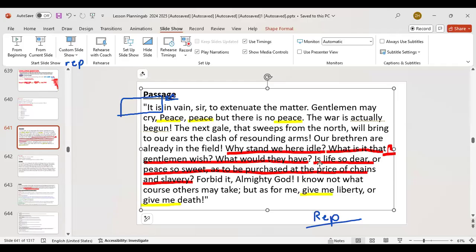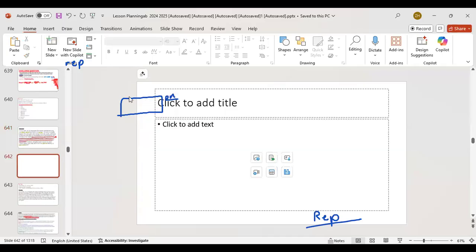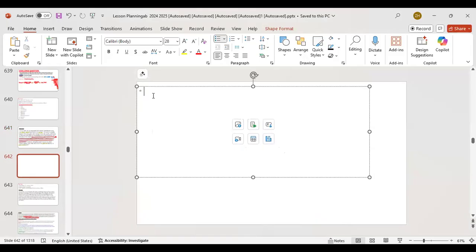All right, so let's go ahead and write all this down that we've been talking about. Let me go ahead and erase everything. The first one is repetition. What's the example of repetition? Let's write the actual example.